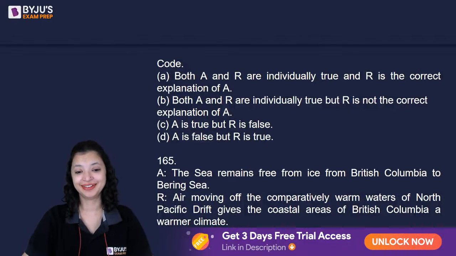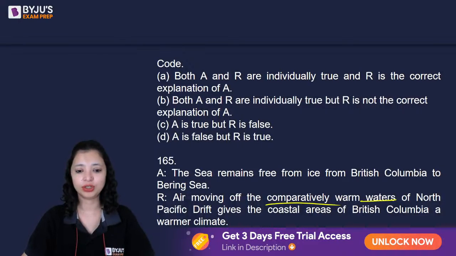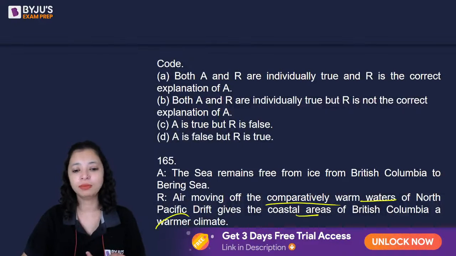ठीक है देखो B. Someone says B. Others. Air moving off the comparatively warm waters of North Pacific Drift gives the coastal areas of British Columbia warmer climate. और क्योंकि coastal areas में warmer climate है तो C में ice नहीं मिलती. Correct reason तो दिया. देखो the first half of the statement says कि warm waters होता है इसीलिए coastal areas में warmer climate है.